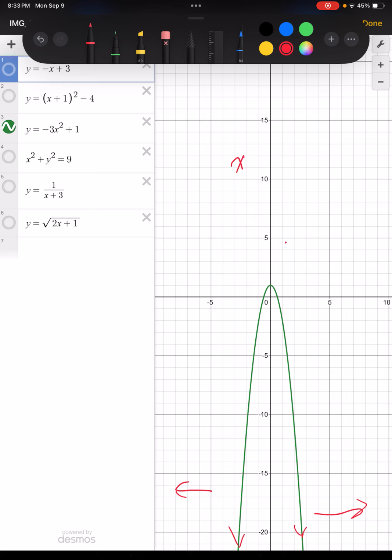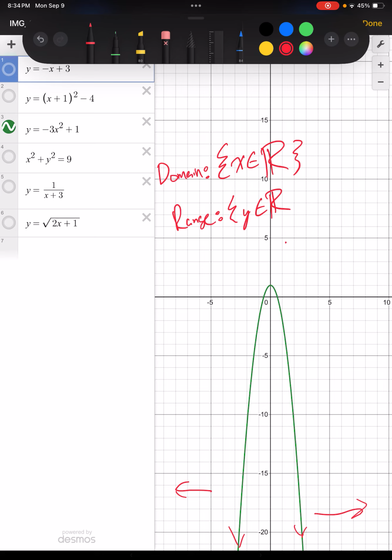So x is an element of real numbers, and put that in curly brackets. And that's called the domain. What can x be? The range is what can y be? Well, y is also an element of real numbers, right?